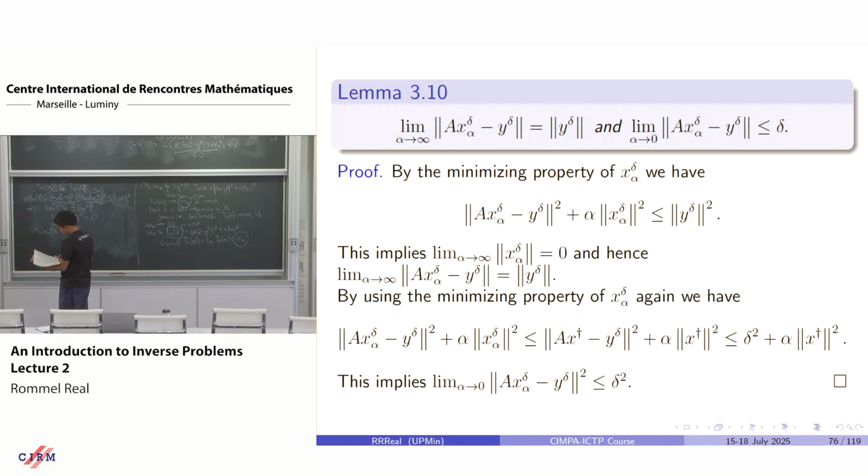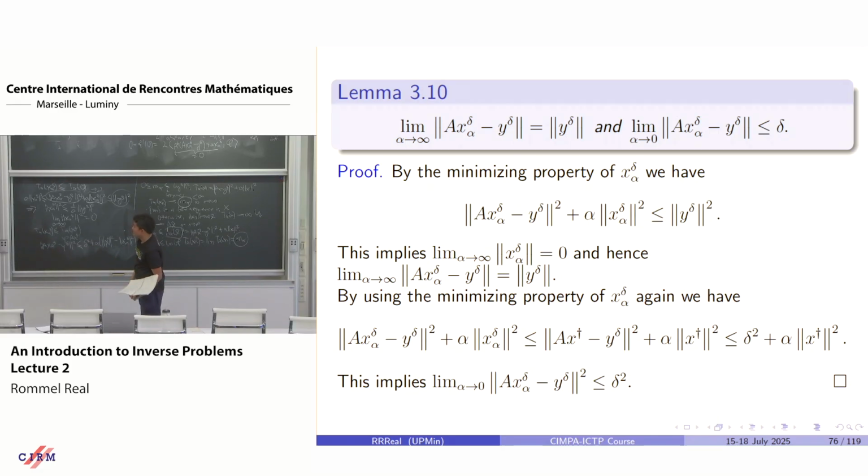And from that one, let me just elaborate. The norm of A x sub alpha delta minus y delta square is bounded above by delta square plus alpha times the norm of x dagger square minus the norm of x sub alpha delta square.